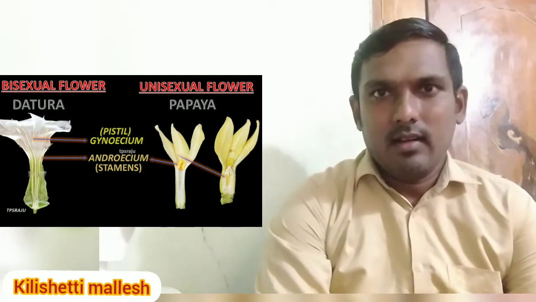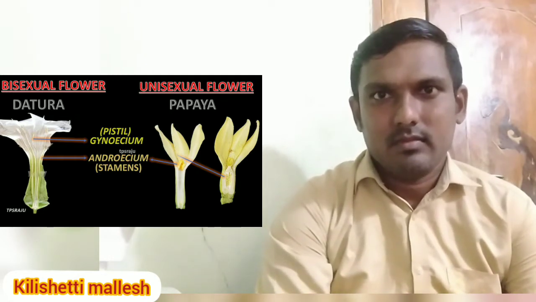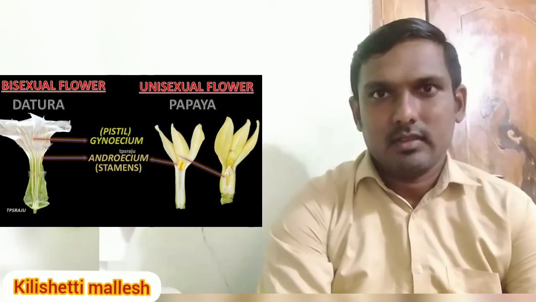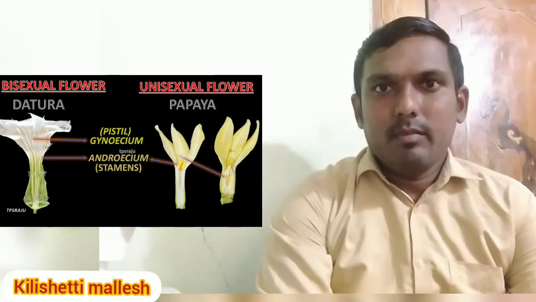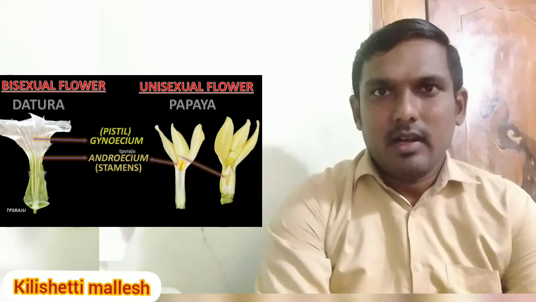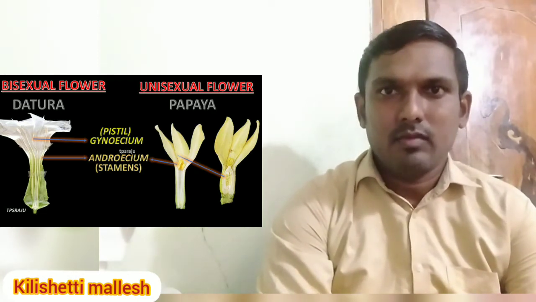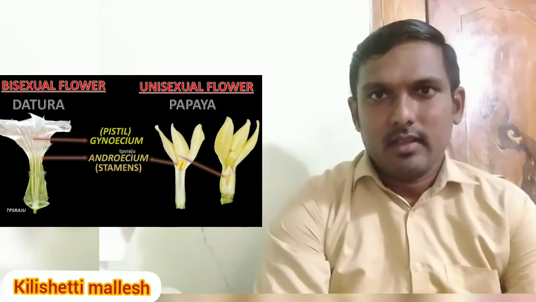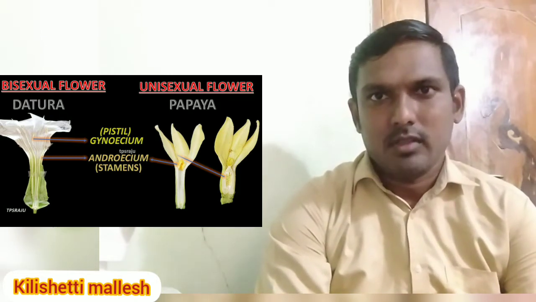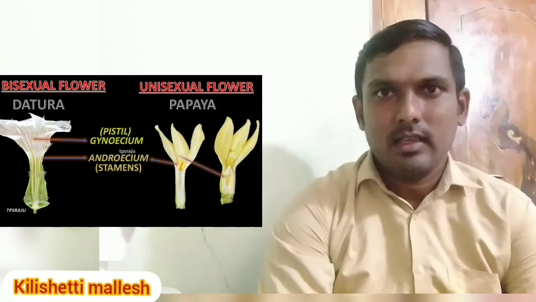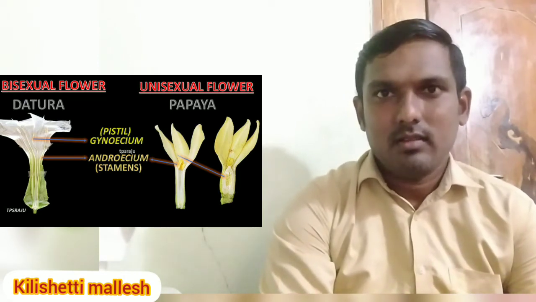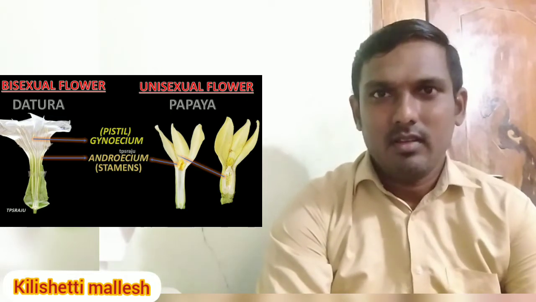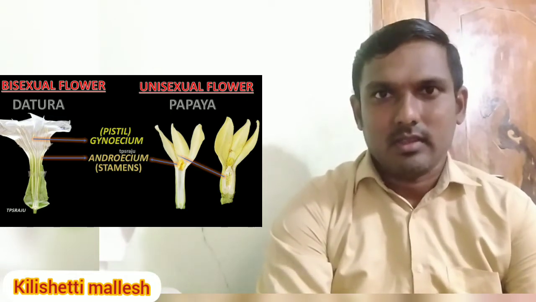Examples are bottle gourd and papaya. These are also called incomplete flowers. Bisexual flowers contain both male and female reproductive organs, the androecium and the gynoecium, stamens and carpels, in one flower. It is called a bisexual flower, or a complete flower. Examples are datura and hibiscus.